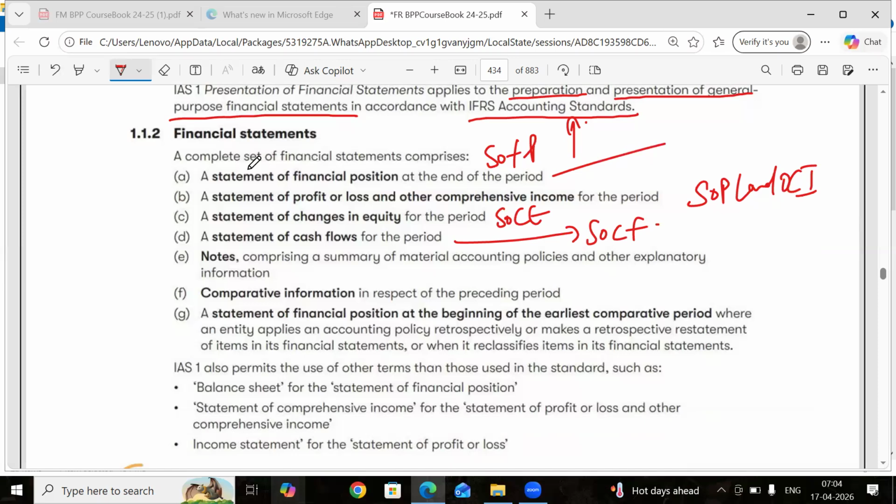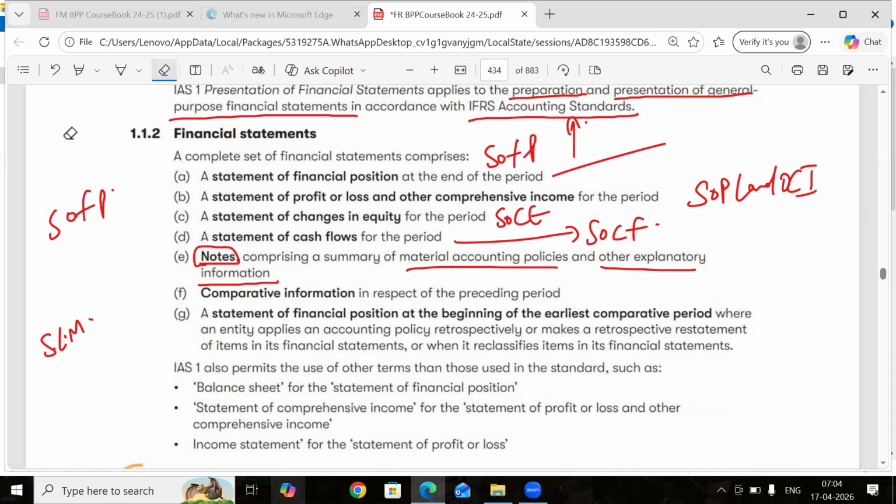It's not only the complete set of financial statements you're going to prepare, you're also going to have a section called footnotes or notes. It comprises a summary of material accounting policies and other explanatory information. There is some information which you can't give on the face of the statement. Let's say I'm making a statement of financial position. For accumulated depreciation, I'm using the straight line method.